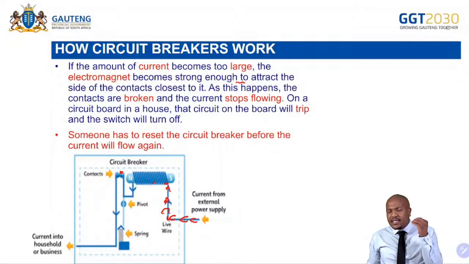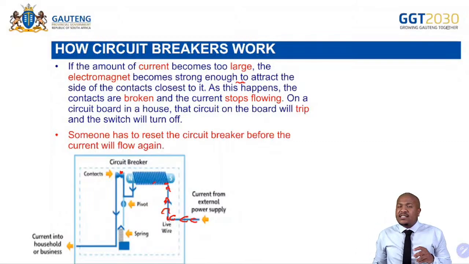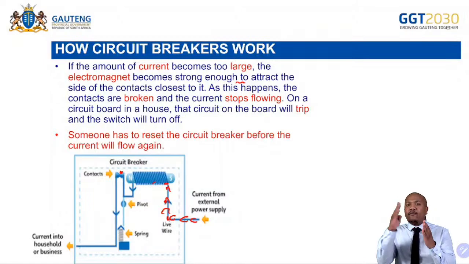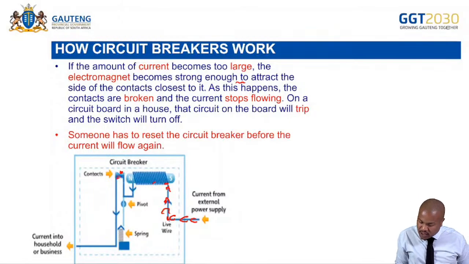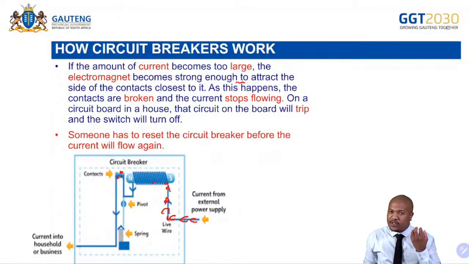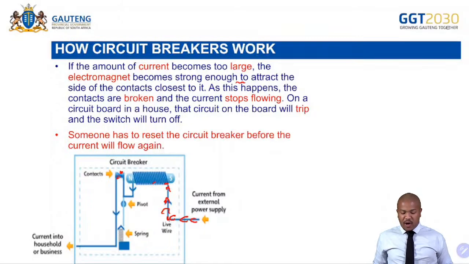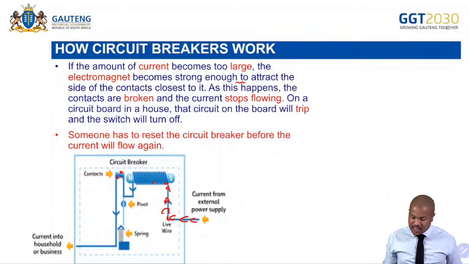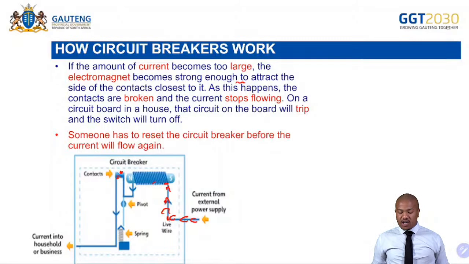As this happens, the contacts are broken to cut off the flow of charge from either side. So the contacts are broken and the current stops flowing. In a circuit board in a house, that circuit on the board will trip and the switch will turn off.